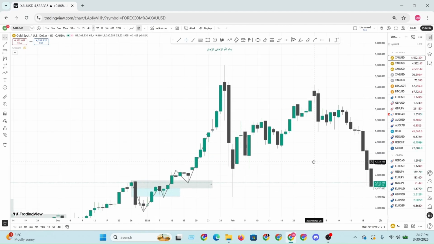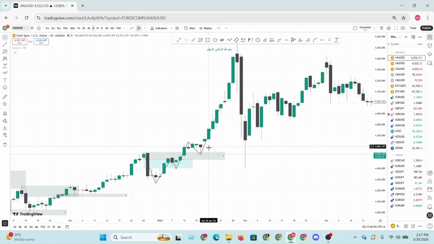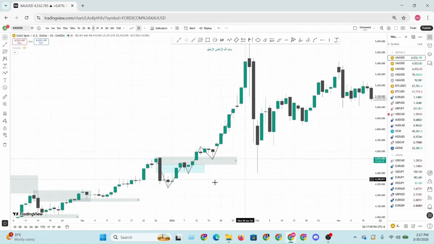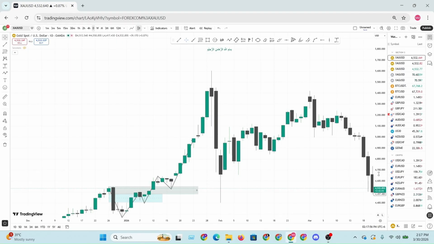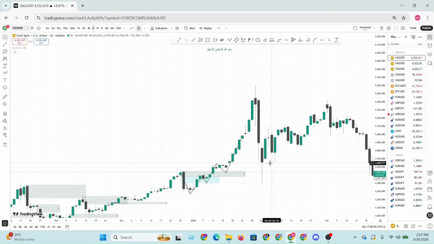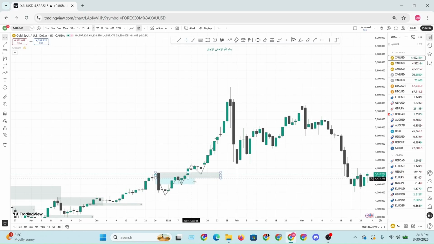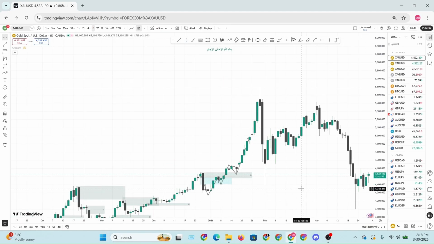Let's see if we can find another one. Take a screenshot because it will help you understand. I recommend you practice at least hundreds of FVGs, hundreds of order blocks, and hundreds of breaker blocks, and see what the market actually does from these levels.